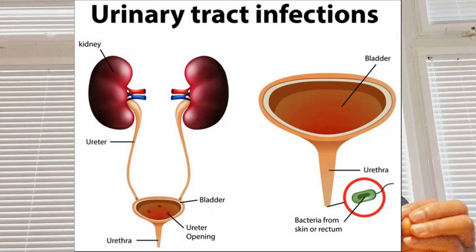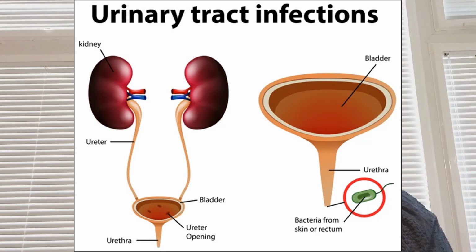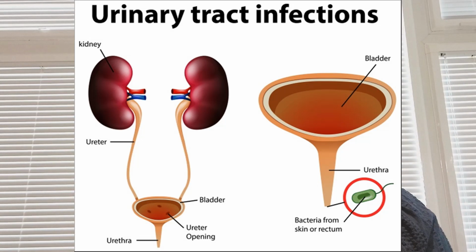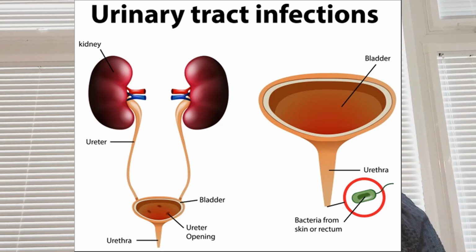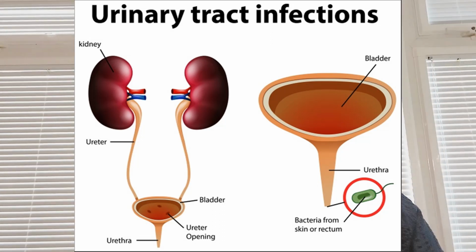When the bladder is infected, symptoms would include pelvic pressure, lower tummy pain, and pain during urination. There can also be blood in your urine. And when the urethra is infected, there can be burning during urination. Other general symptoms would include frequency and urgency.